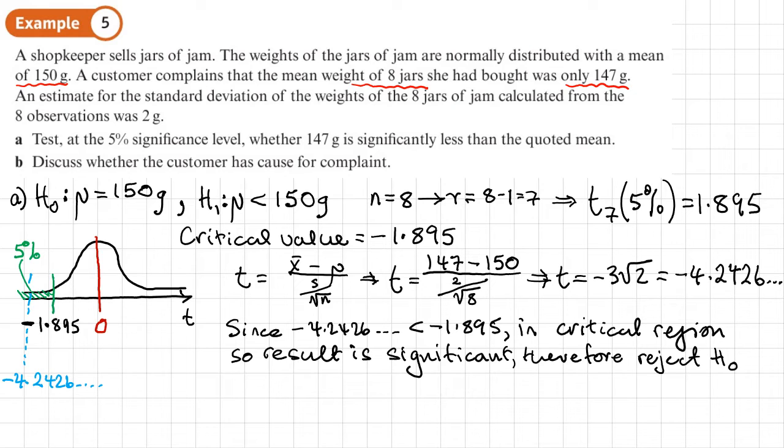Now I don't need to make a comment on it, normally I would. We do that in part B. Part B says, discuss whether the customer has cause for complaint.